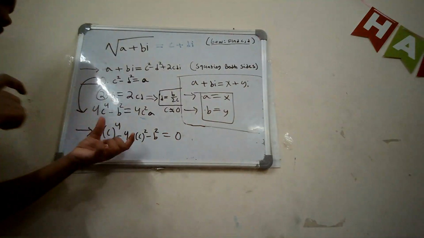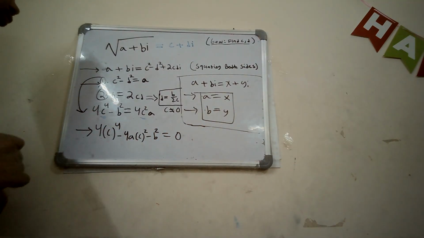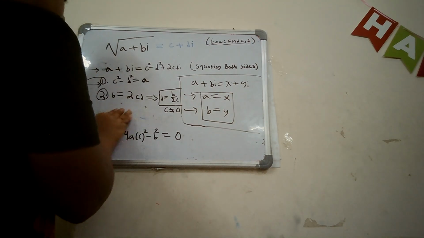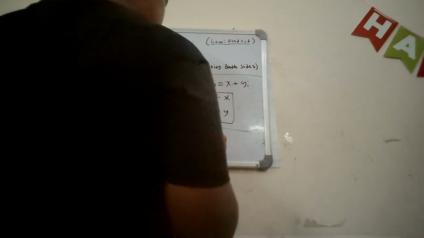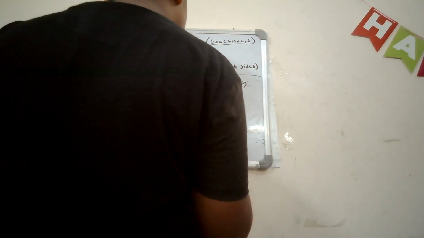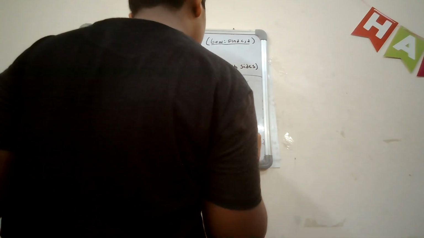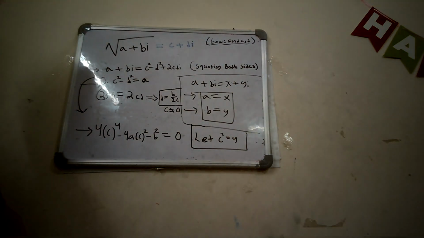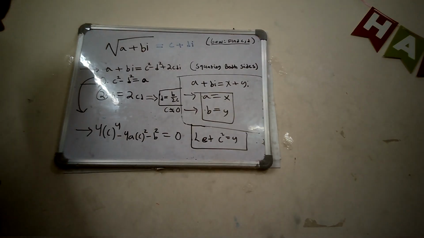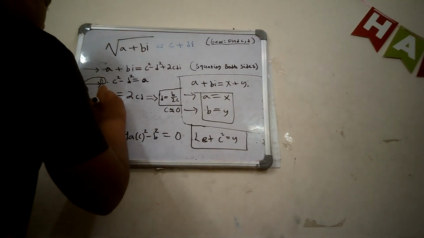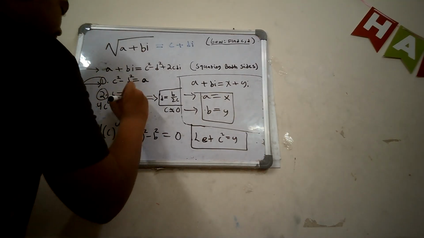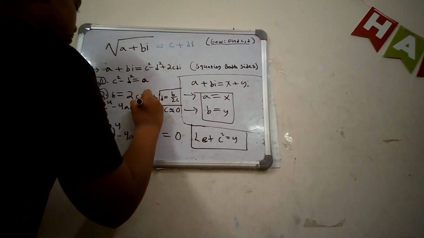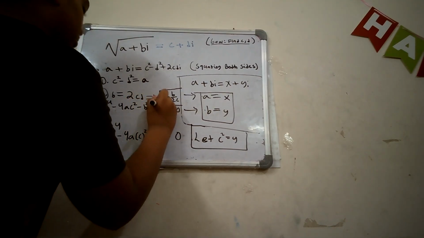We can use the substitution method. So let c squared equal y. This is substitution. When I substitute this, let me write it here: 4c to the fourth minus 4a into c squared minus b squared equals 0.